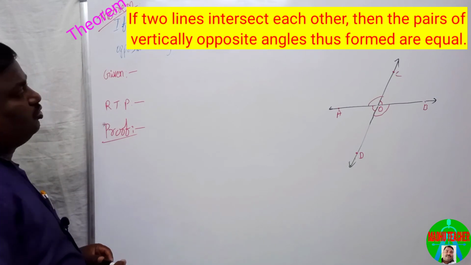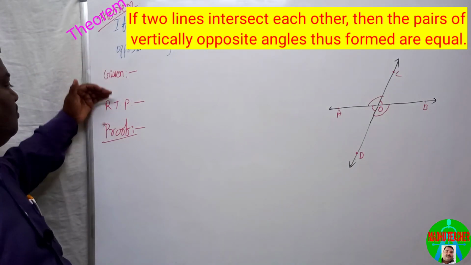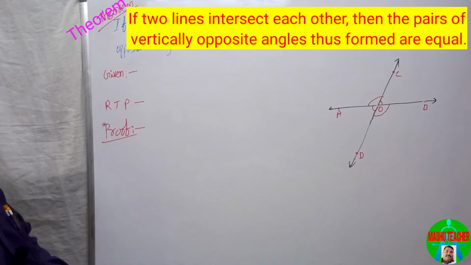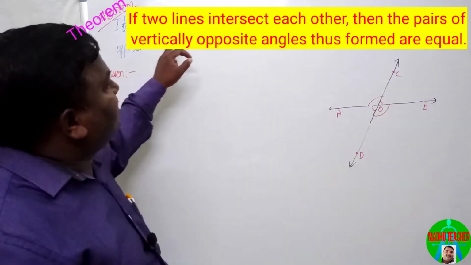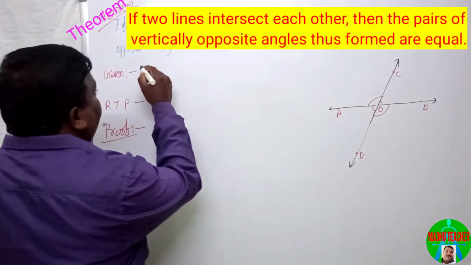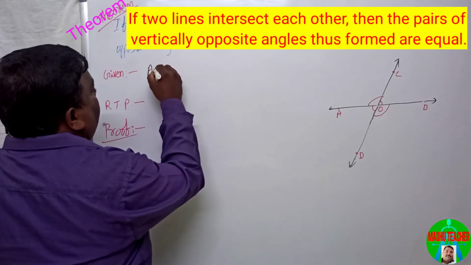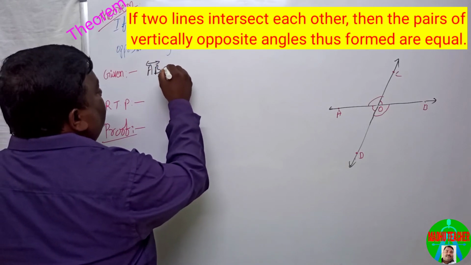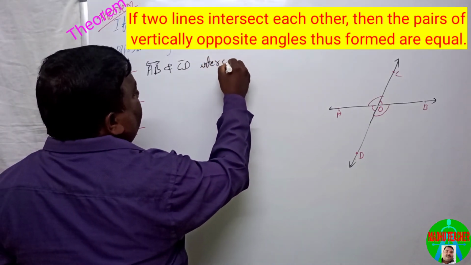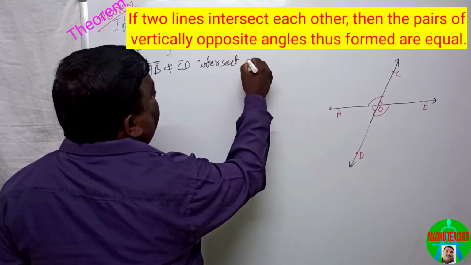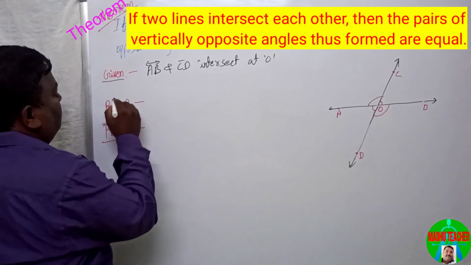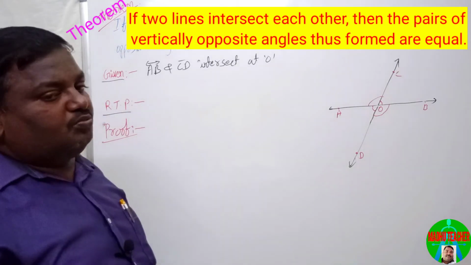To prove a theorem, you have to follow these steps. The first one is Given. What is given? Two lines, AB and CD, intersect at O. Next is RTP, which means required to prove.